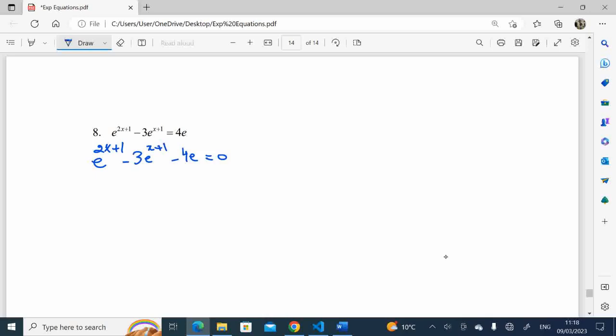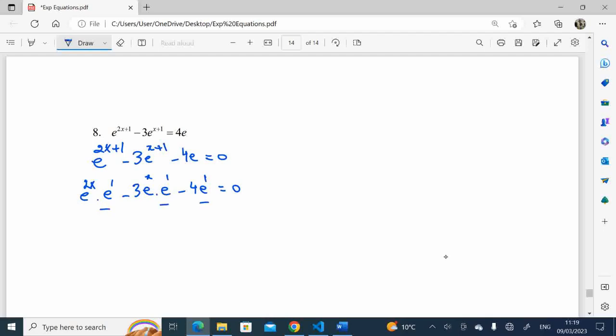Now, what is e^(x+1)? It is simply e^x times e^1, right? Minus 3e^(x+1), it is also e^x times e^1, minus 4e, which is e^1, equal to 0. So we have a common factor, which is e^1.